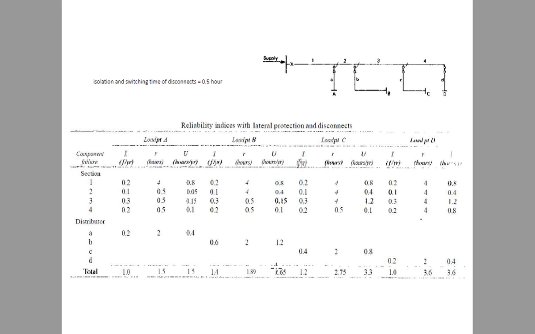Similarly, when we talk about load point B, again we consider if fault occurs at line section 1, then this circuit breaker will operate and it requires 4 hours to repair. And in case fault occurs at line section 2, then this disconnect will operate.